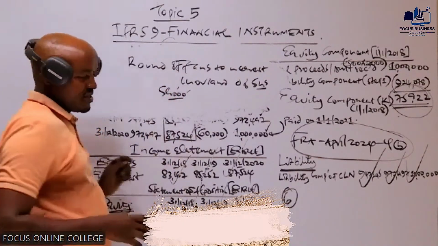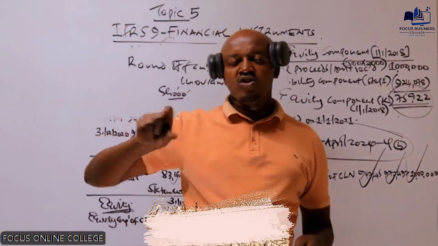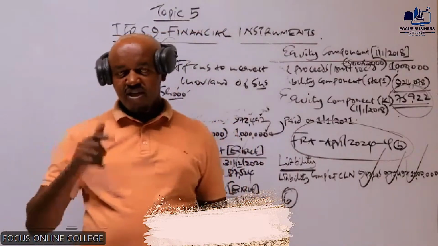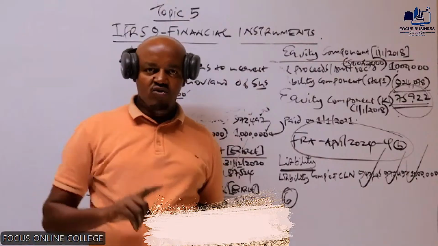Any figure which you have, you omit the last 3 zeros, and any figure having a decimal, you round it off to the nearest whole number.